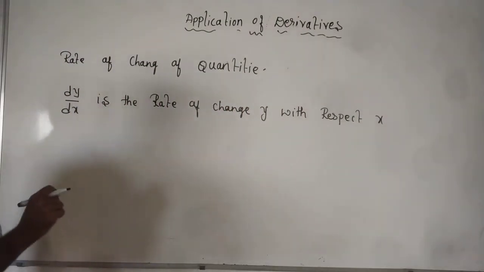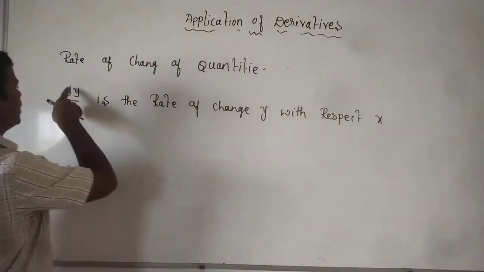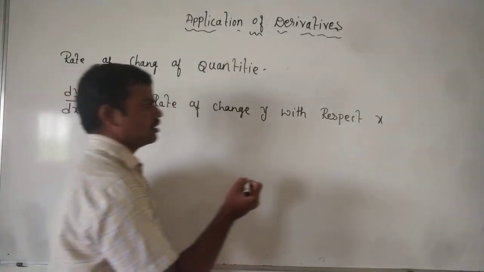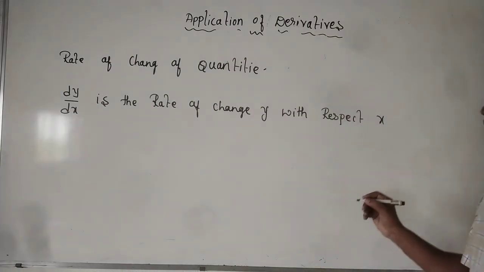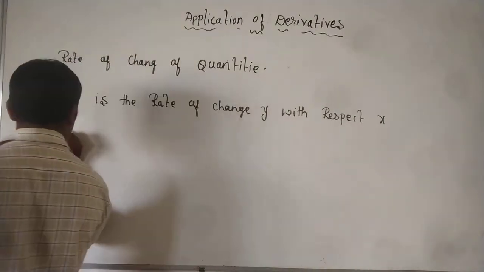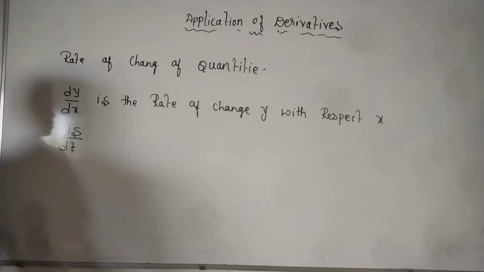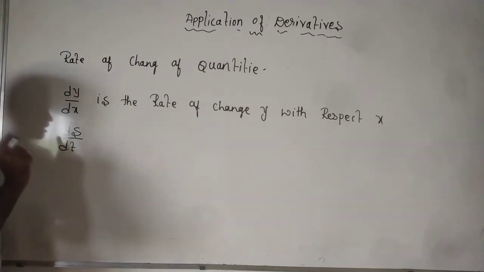If we have any rate of change with respect to x, how will we write this? dy by dx. Suppose rate of change of distance s with respect to time, which we call ds by dt, which we call velocity. Rate of change of distance with respect to time is called a velocity.